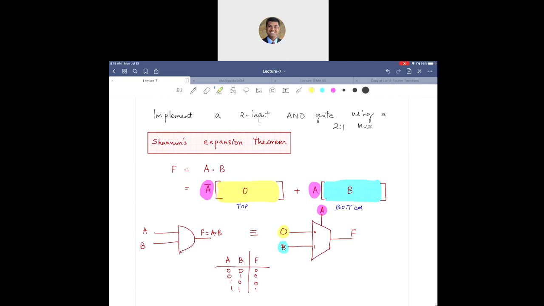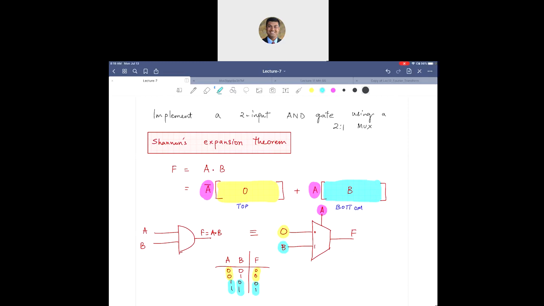That checks out. And when A is 1, F is B. So that's how you can quickly verify whether you are on the right track or not.